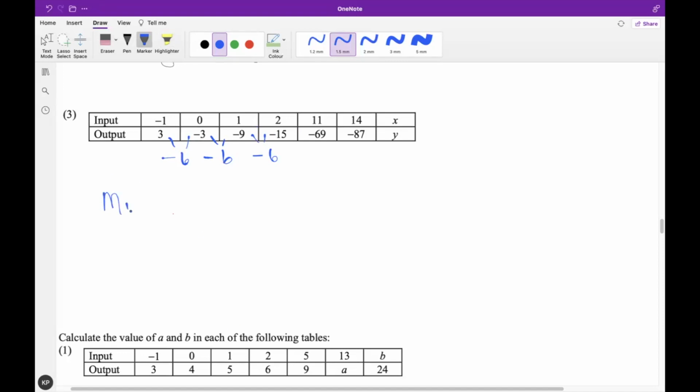So then my multiplier is negative 6. So I'm going to challenge you guys to try and find the formula for this one. The first person to get it, send it in the chat, and then we'll check your answer.